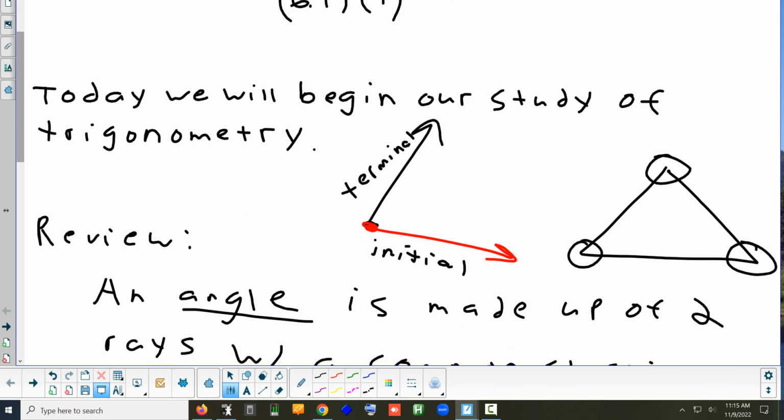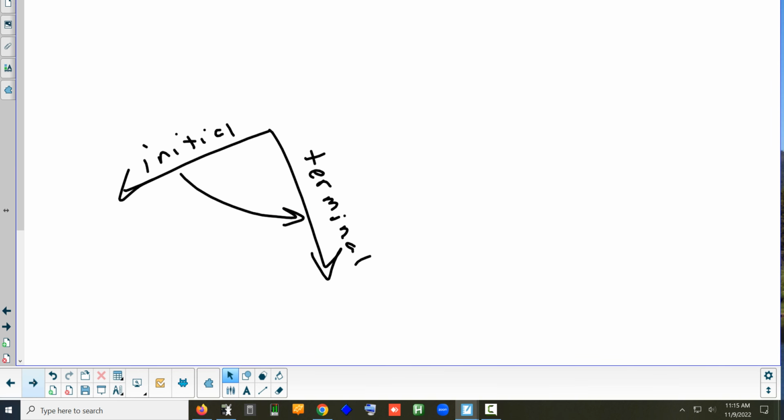This is a little bit more like what it should look like. We usually like the initial side to be horizontal, on the positive x-axis. So if you think of a coordinate system, you should always put the initial side right there. And then you put the terminal side wherever you want. But if it's not drawn that way, rotate counterclockwise from one side to the other.